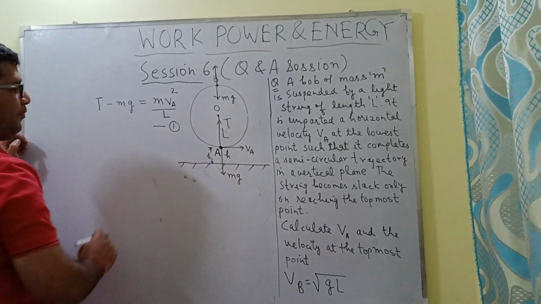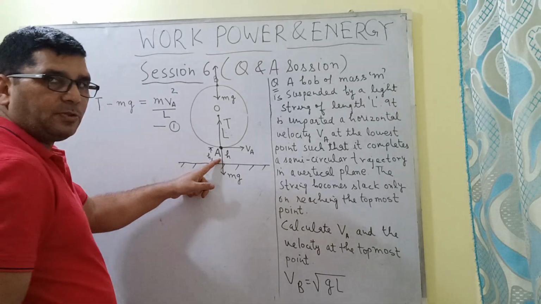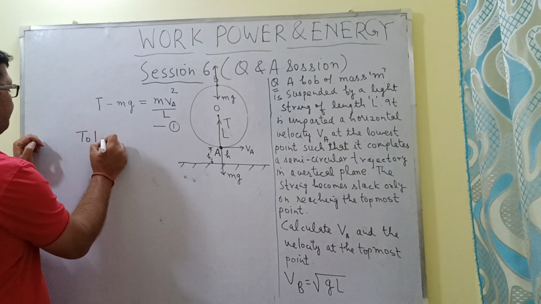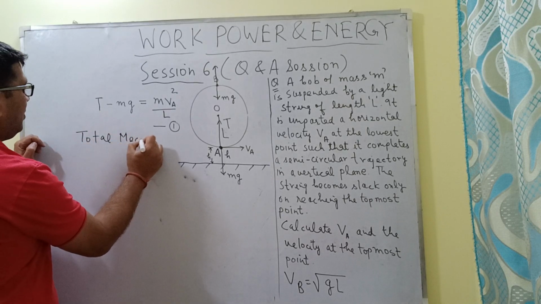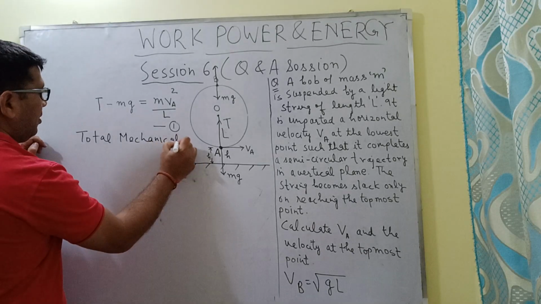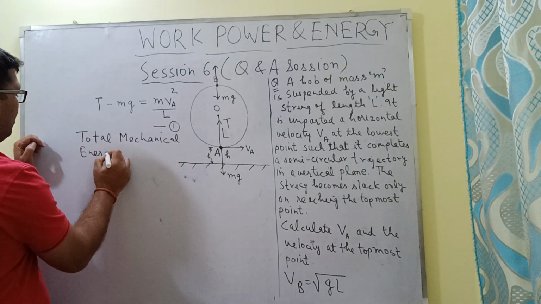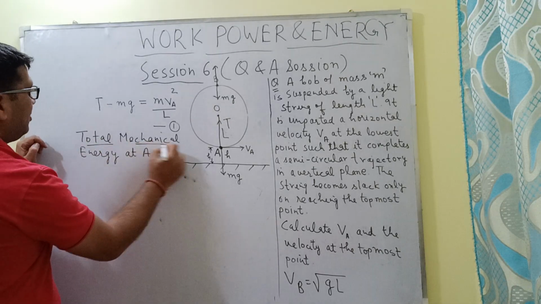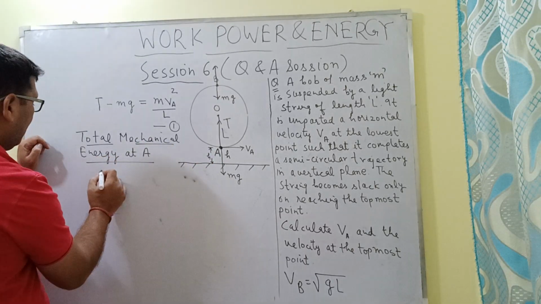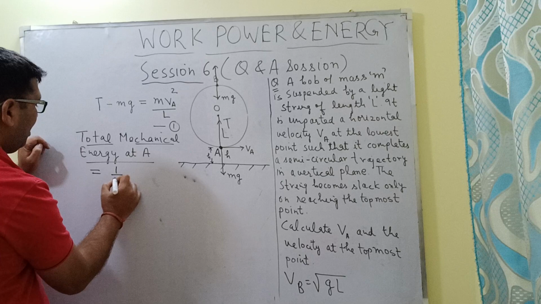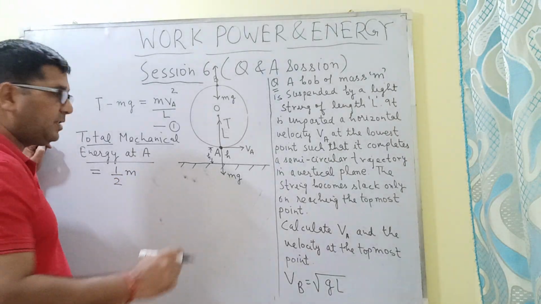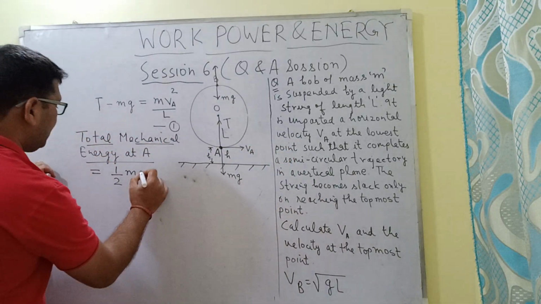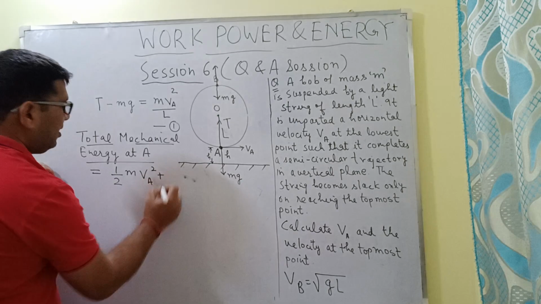Now at this point A, the total mechanical energy in the bob will be equal to half m, that is the kinetic energy, because here this bob is imparted a horizontal velocity VA, so the kinetic energy will be equal to half m VA square, plus the potential energy.